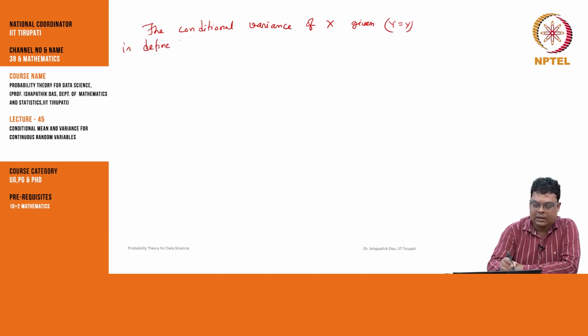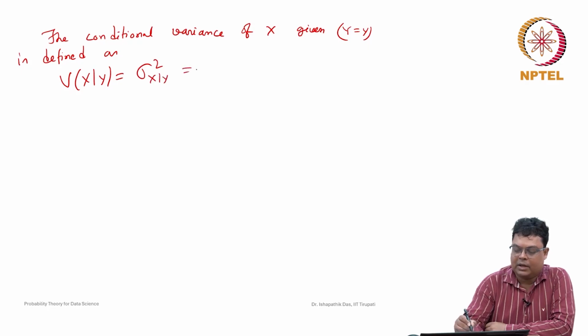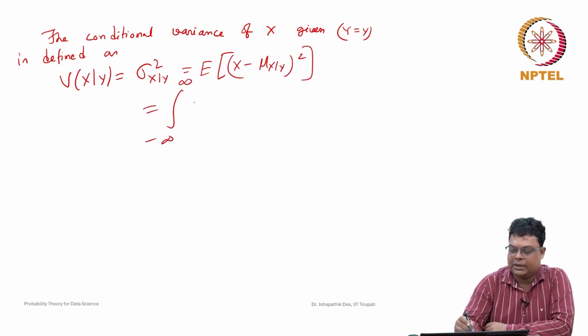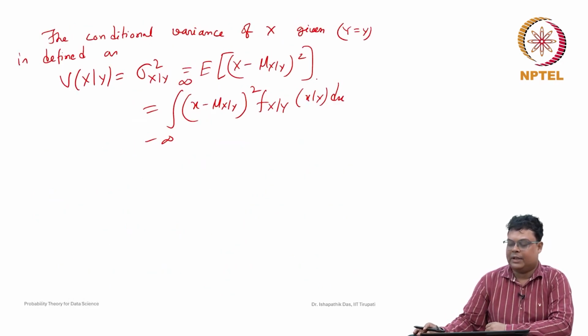The conditional variance, with notation sigma square x given y, is defined as the integral of x minus mu of x given y whole square times the conditional probability density function of x given y, dx. Earlier we computed this for y given x, and here it is x given y.